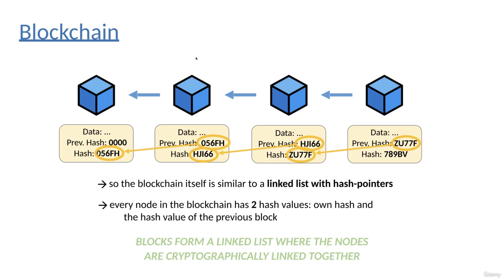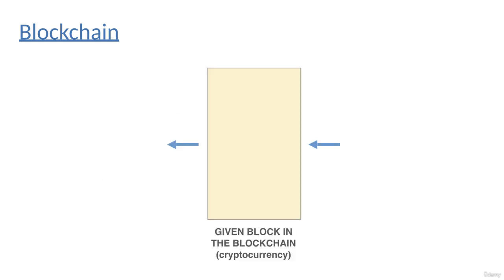At the moment, we can come to the conclusion that we can represent the blockchain as a very simple linked list with hash pointers. And of course, you may pose the question: what are we going to store in a given block? If we are dealing with cryptocurrencies, and this is exactly what we are going to talk about in the coming lectures, we have to store several pieces of information in a single block, such as the ID of the given block, such as the transactions, such as the Merkle root.